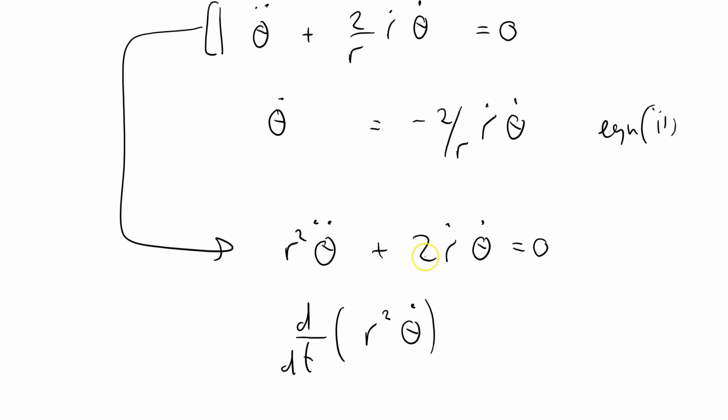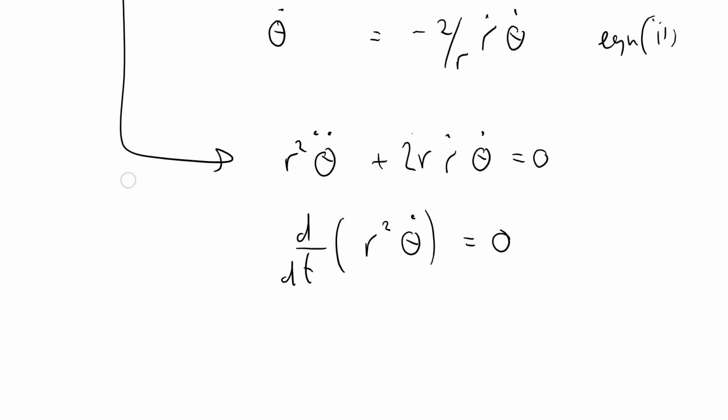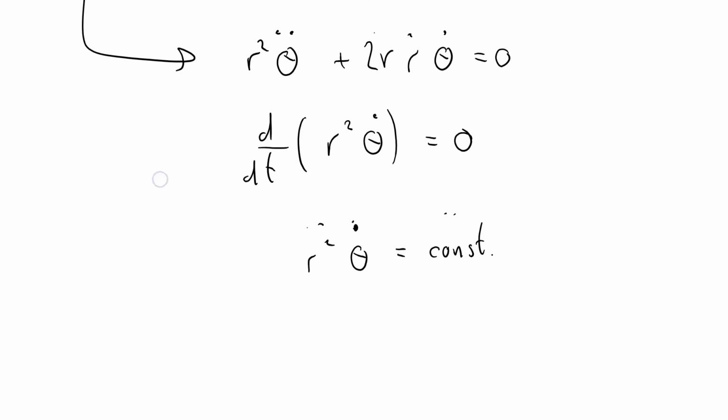Yeah, I'll put another r in here. r equals 0, that's right. Because of course when I differentiate that I get 2 r r dot theta dot plus r squared theta double dot equals 0. So this is the first integral of that. And that tells me that r squared theta dot equals a constant. And of course that is representing angular momentum, because it's r omega, I guess, is constant. So it's just representing conservation of angular momentum, which is quite a nice thing.